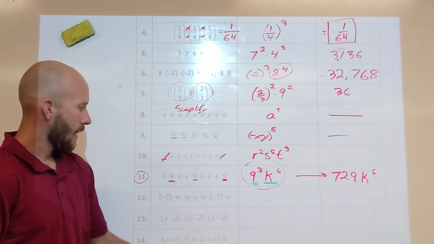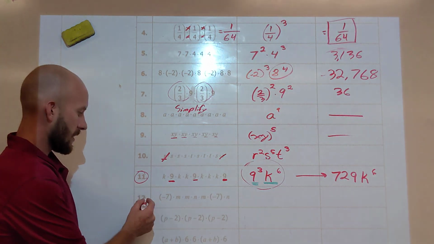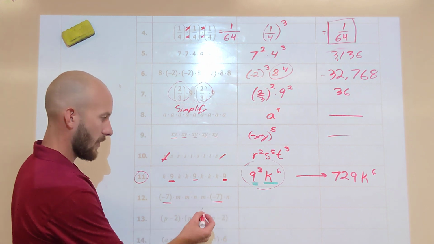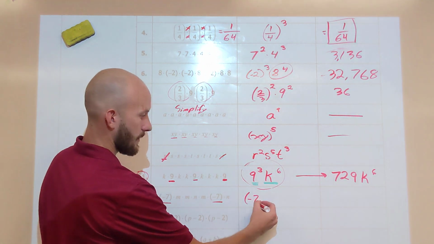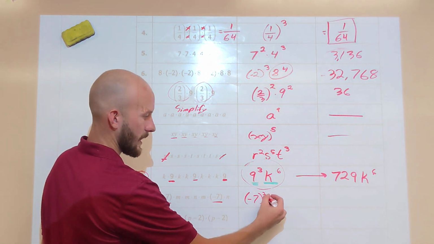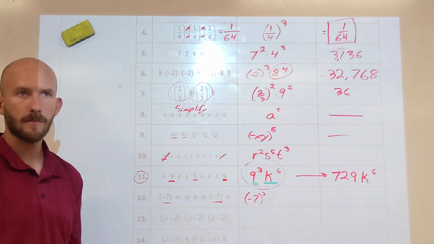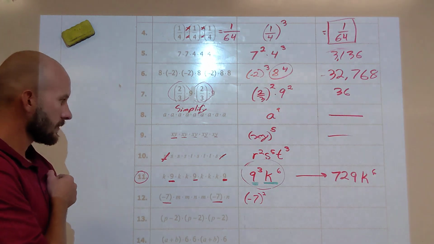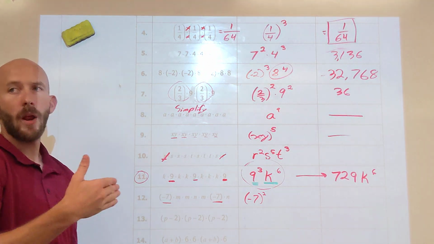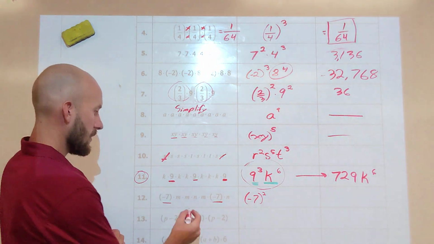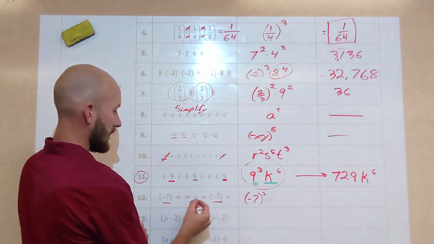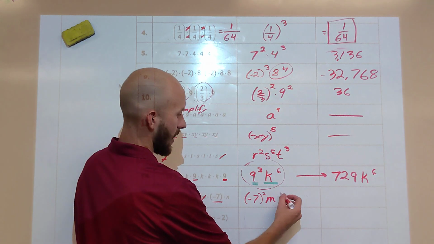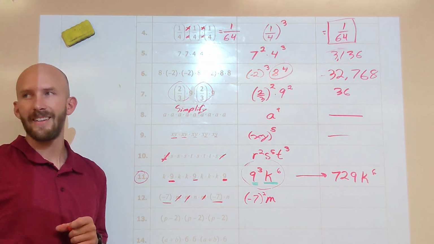Okay. All right, so number 12 is going to be pretty much the same thing. I'm going to start with the number. So -7 to the 2nd power. Okay. And then I want to go in alphabetical order with my variables. So that would be M, then N. So it's going to be M to the third. There you go.